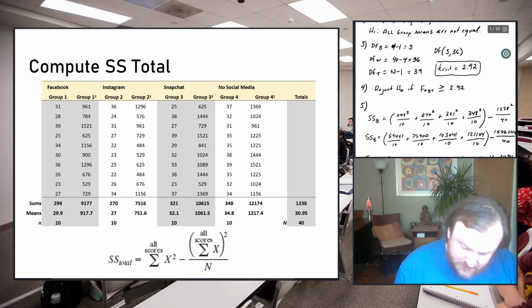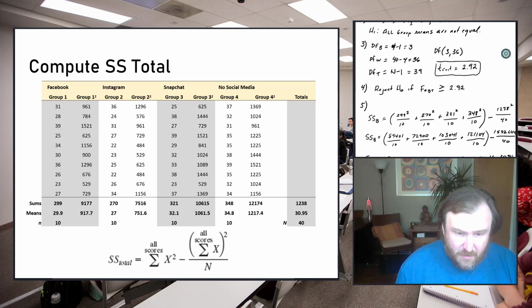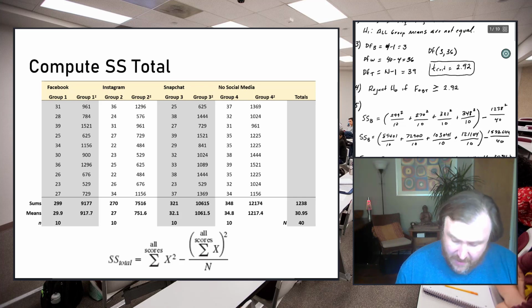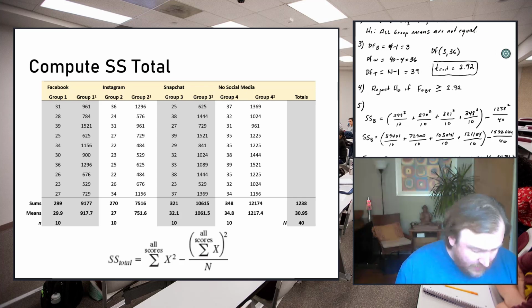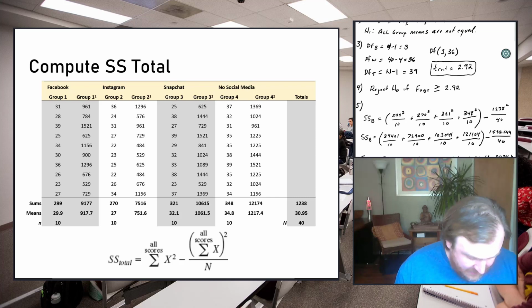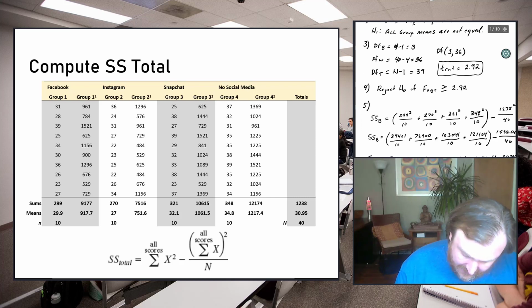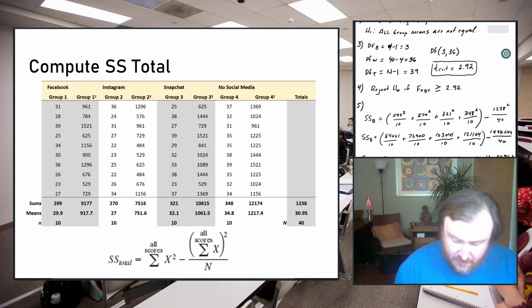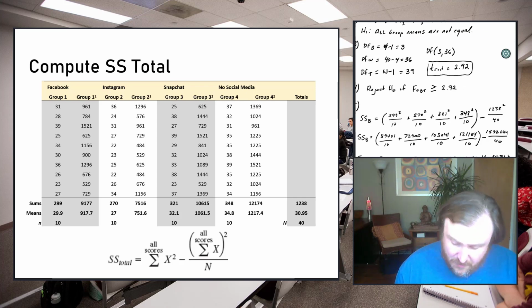It is the sum of all x squared scores, which is this value right here, 39482, minus the sum of all x values, which we computed in sum of squares between.